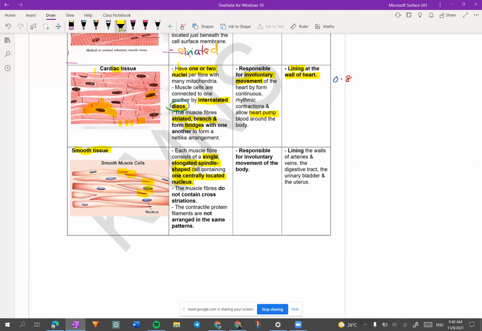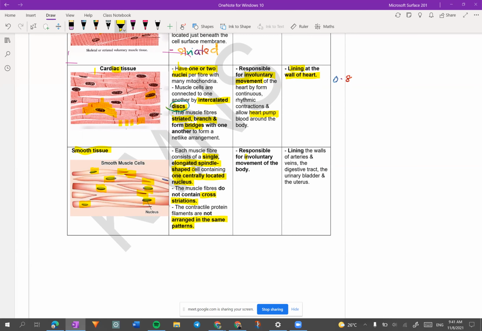While this one, each muscle cell of the tissue will have one centrally located nucleus. Okay, so it has no cross striation and it is arranged in the same pattern.